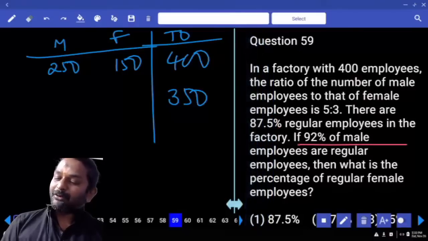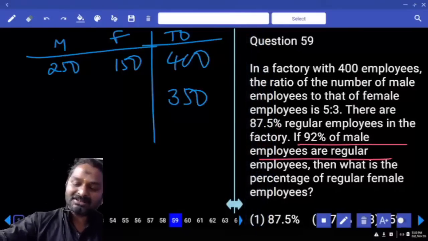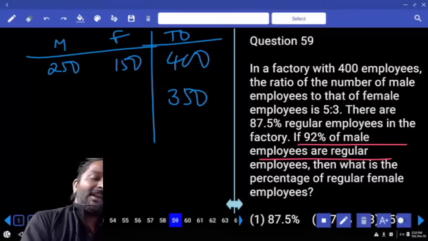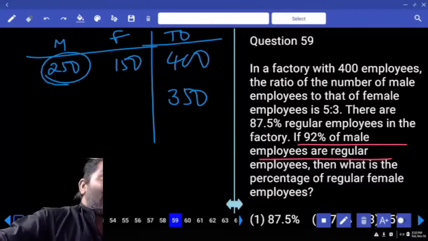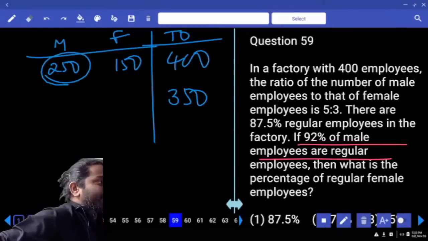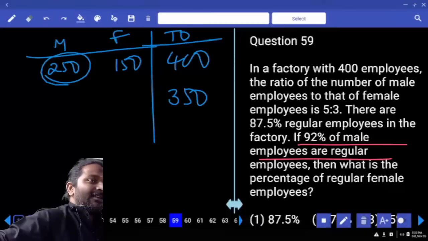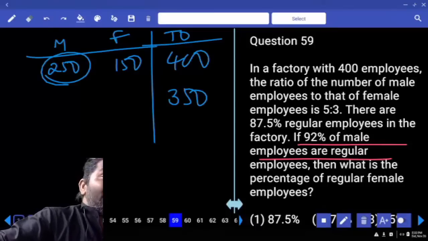If 92% of the male employees are regular employees, is it 92% of 250, or 250% of 92? Listen carefully. 25% of 920? A percent of B or B percent of A?